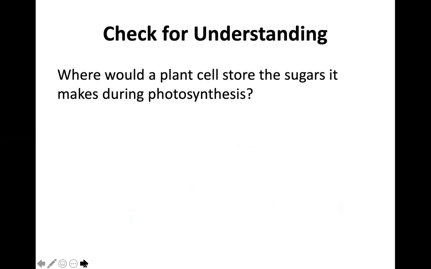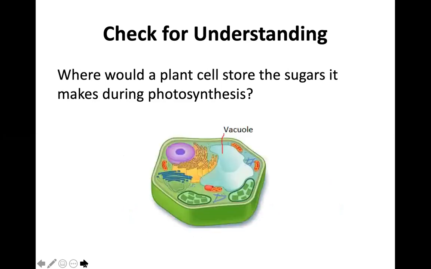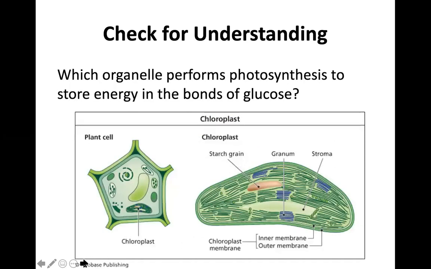Where would a plant cell store the sugars it makes during photosynthesis? The chloroplast. No. The vacuole, because what's the key word up there? Store sugar. Which organelle performs photosynthesis? That's the chloroplast. So photosynthesis is chloroplast, storage is vacuole.